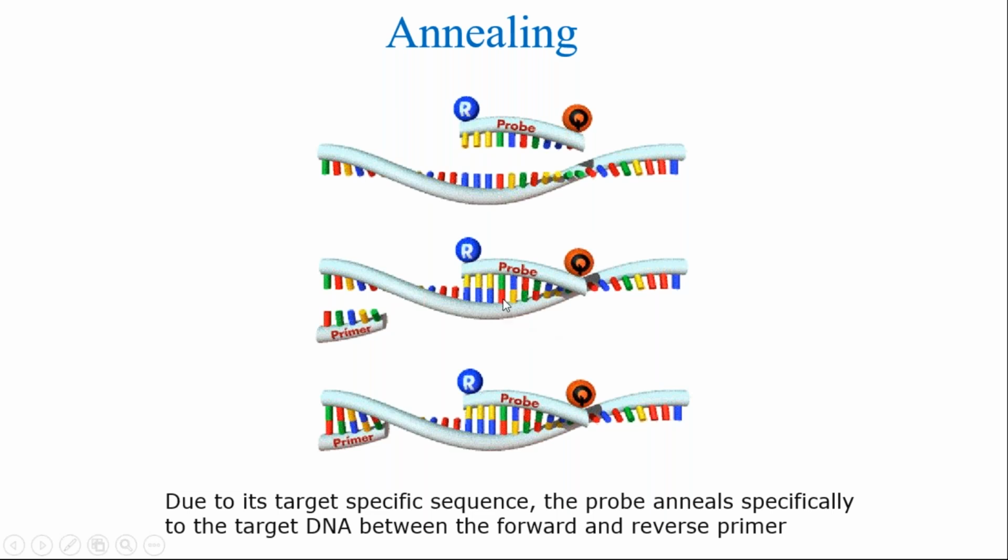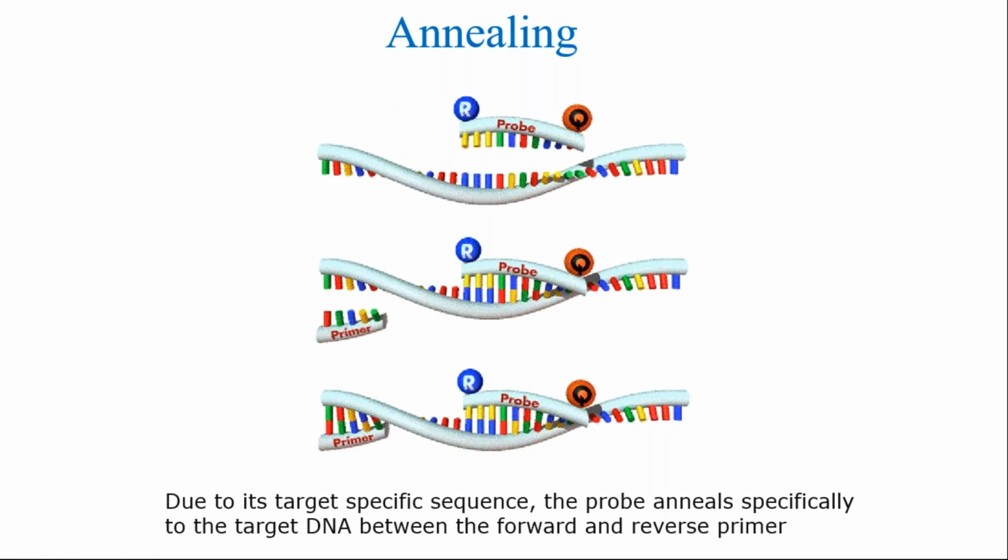But this also anneals somewhere in the middle of the DNA template. Due to the target specific sequence, this probe anneals specifically to the target DNA between the forward and the reverse primer. So if this is the forward primer and the reverse primer, the probe binds in the middle of that.